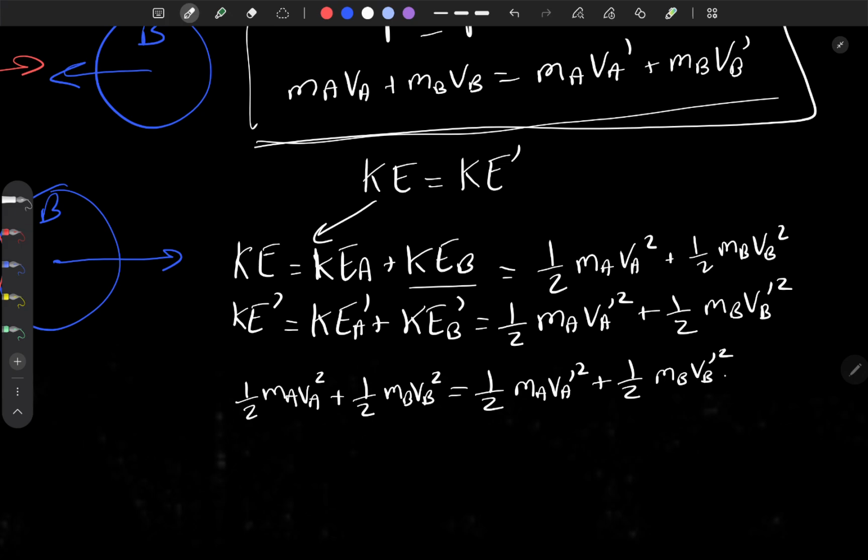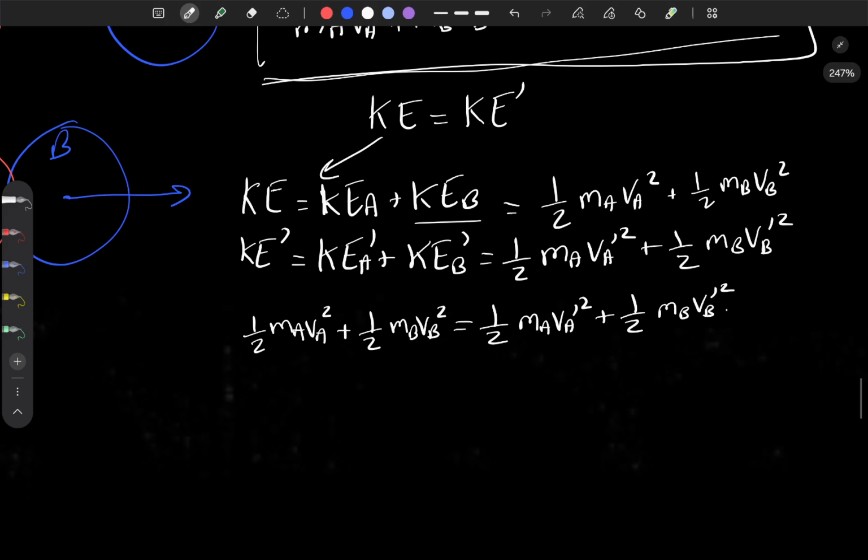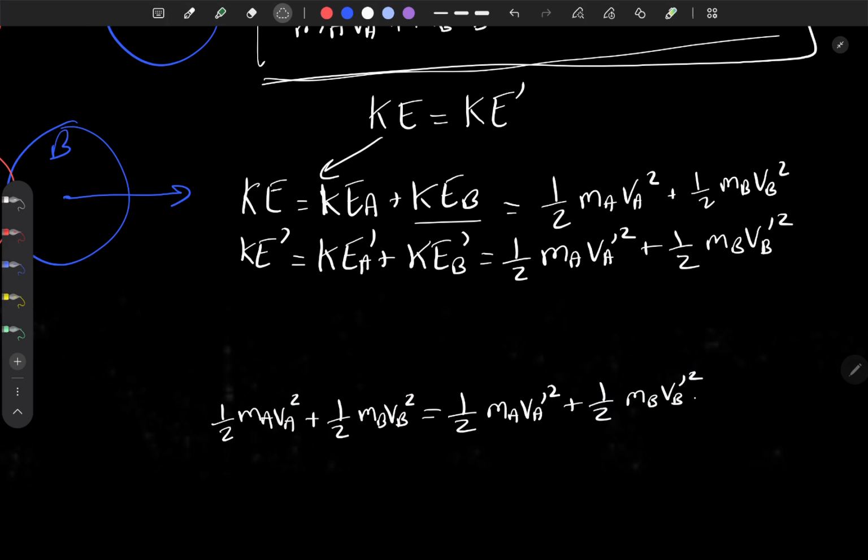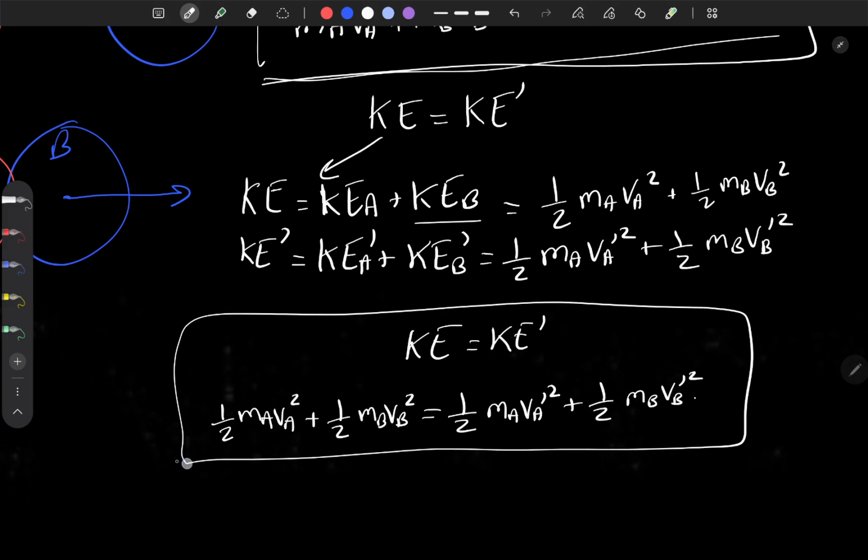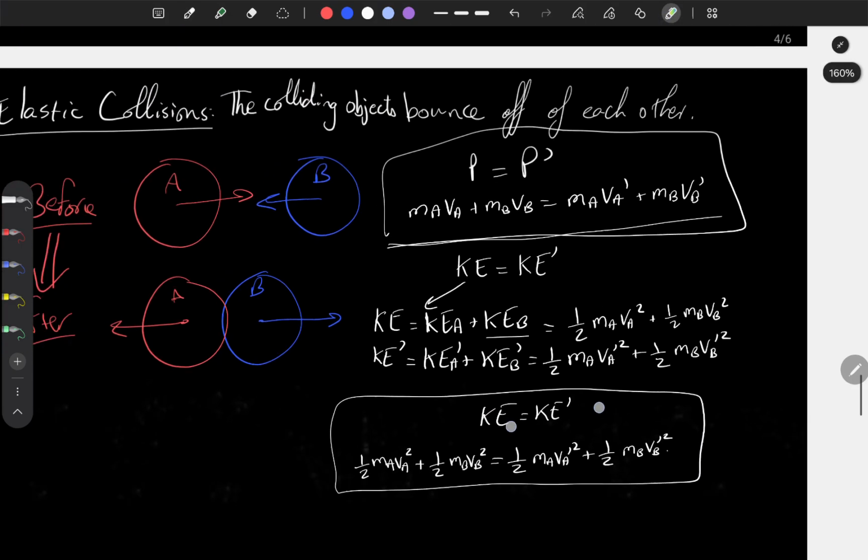And this is the conservation of energy. We're going to use this now in order to solve this problem. So KE is equal to KE prime. This is the other part of the solution.